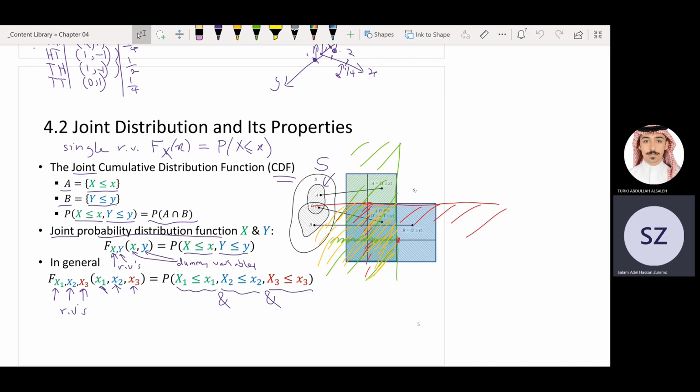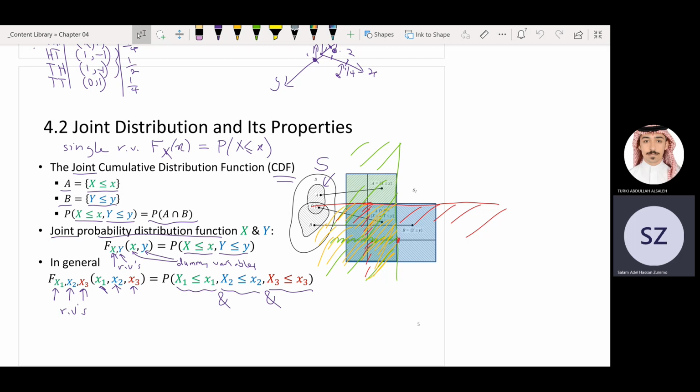If you define an event A, which is the first random variable being less than a specific number, and another event B, which is the other random variable being less than a specific number, then we can define the probability of the intersection between them, which is the probability of X less than a specific x, Y less than a specific y.